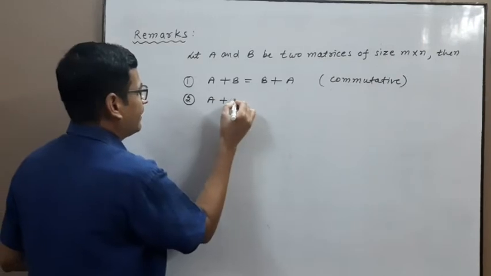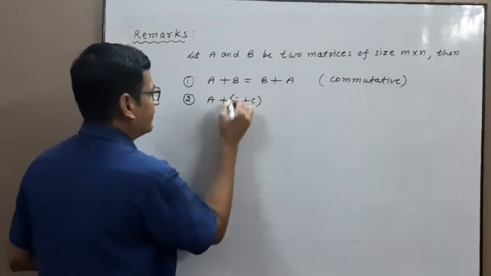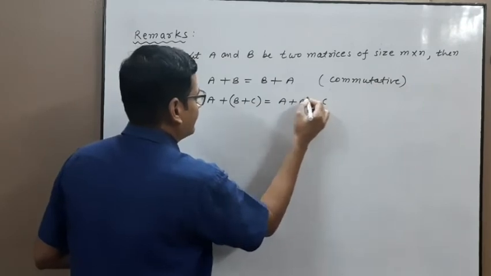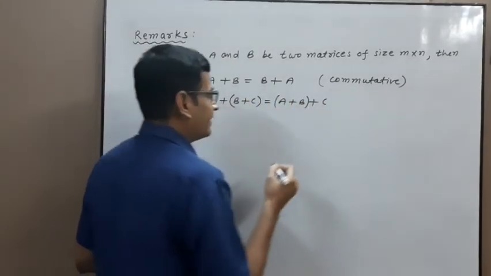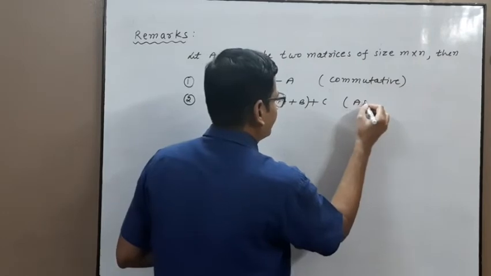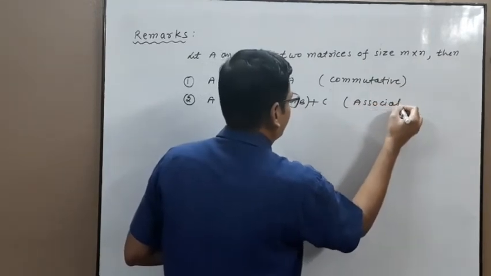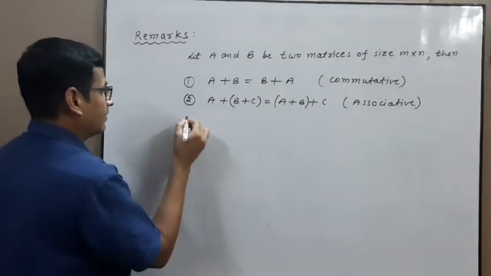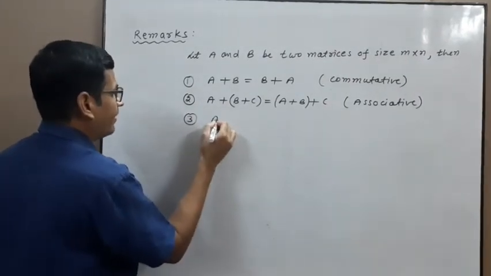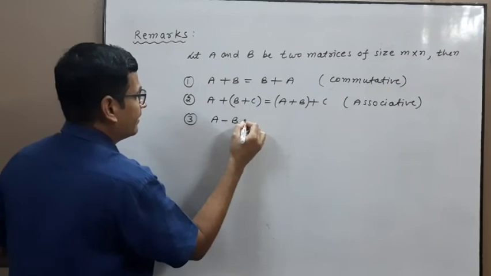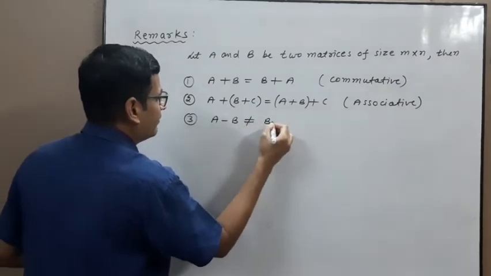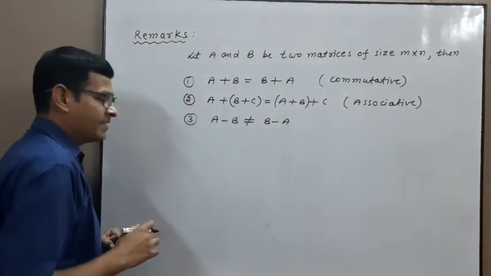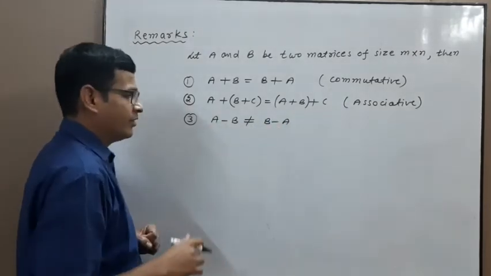Second, A plus B plus C is equal to A plus B plus C, grouped in any order. With respect to addition, matrices are associative. Third, A minus B is not equal to B minus A. Means with respect to subtraction, matrices are not commutative.